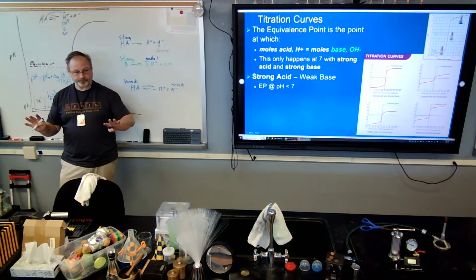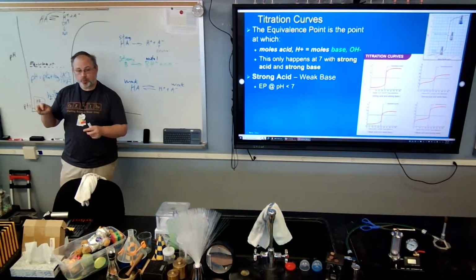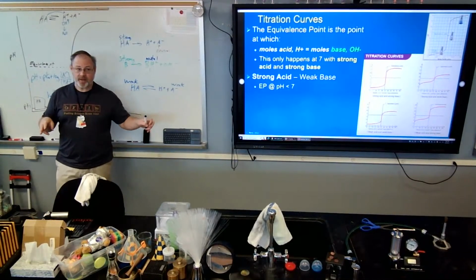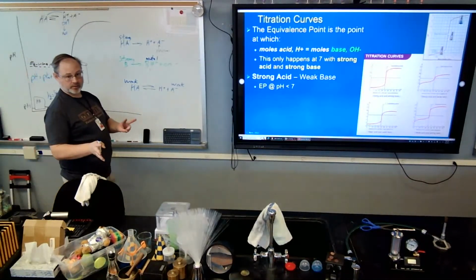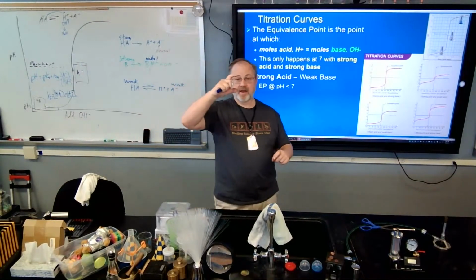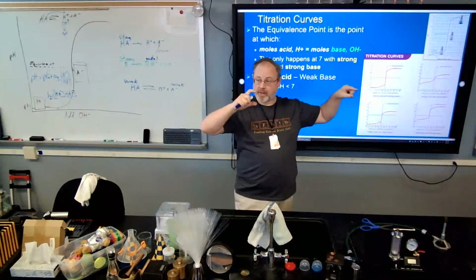So far, so good? The reason we can say that a robust weak acid forms a feeble weak base is that the product of the Ka of the acid and the Kb of the conjugate equals a constant. If the Ka is larger, the Kb is smaller. But they have to have a Ka and a Kb, and only weaks have a Ka and a Kb. The product of the Ka of the weak acid and the Kb of the conjugate weak base equals 10 to the negative 14.